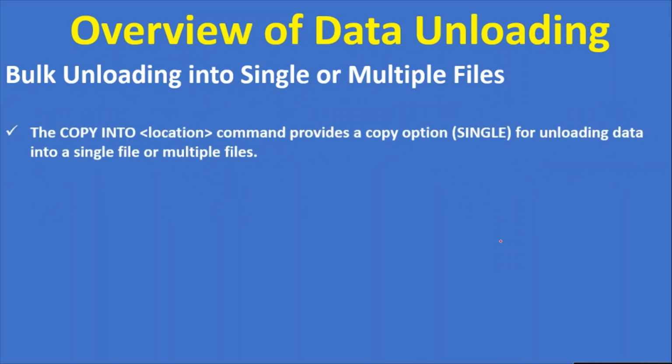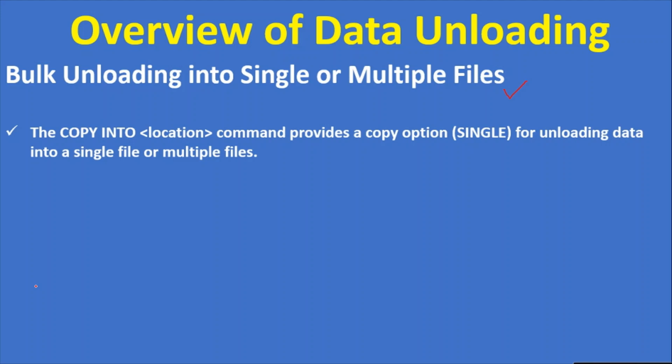Now we will discuss bulk unloading into single or multiple files. How are we going to generate multiple files when we have huge data? What is the advantage of generating multiple files? For example, if you have huge data, like hundreds or thousands of GB, and you generate a single file, it will take a long time, because it has to read sequentially and write into one file only.